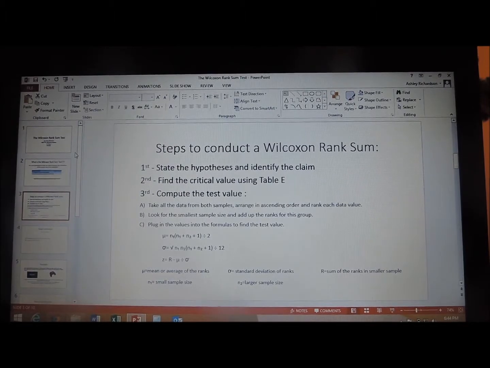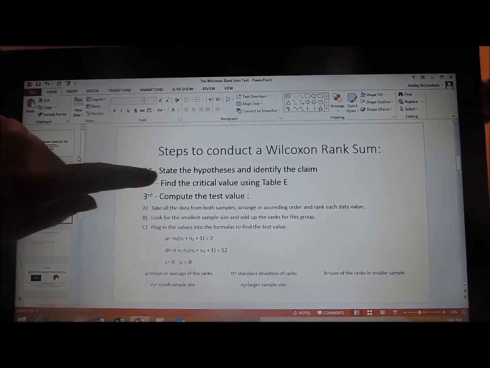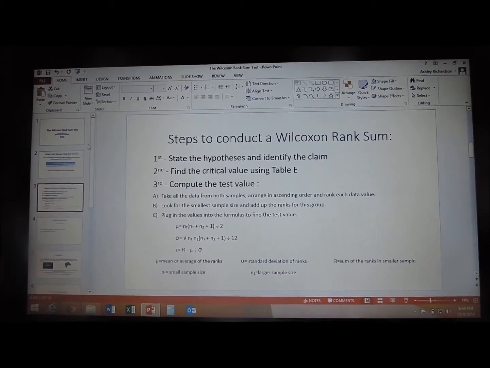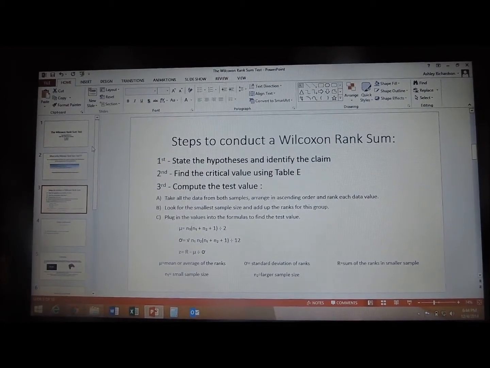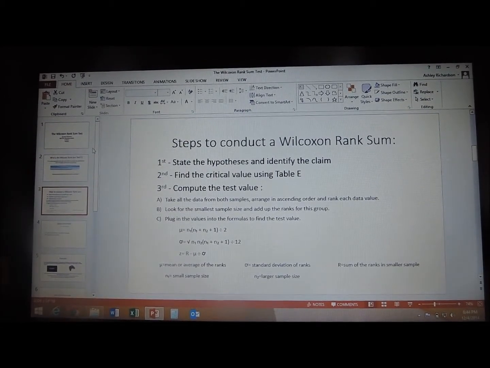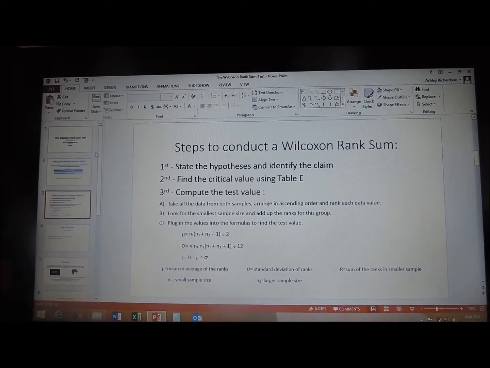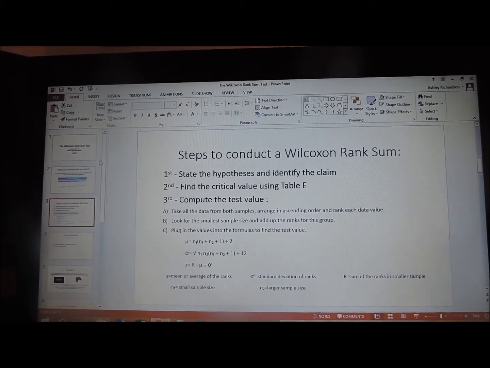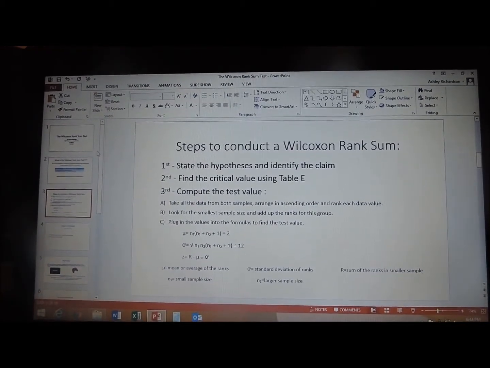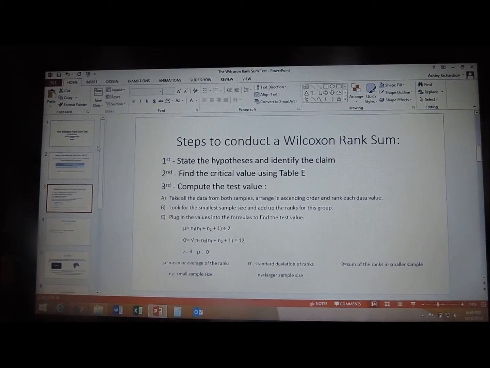The steps to conduct a Wilcoxon rank sum test are as follows. First, state the hypothesis and identify the claim. Second, find the critical value using Table E in our textbook, Elementary Statistics. The third step, compute the test value. When computing the test value, we will first take all the data from both samples, arrange it in ascending order from smallest to largest, and rank each data value.